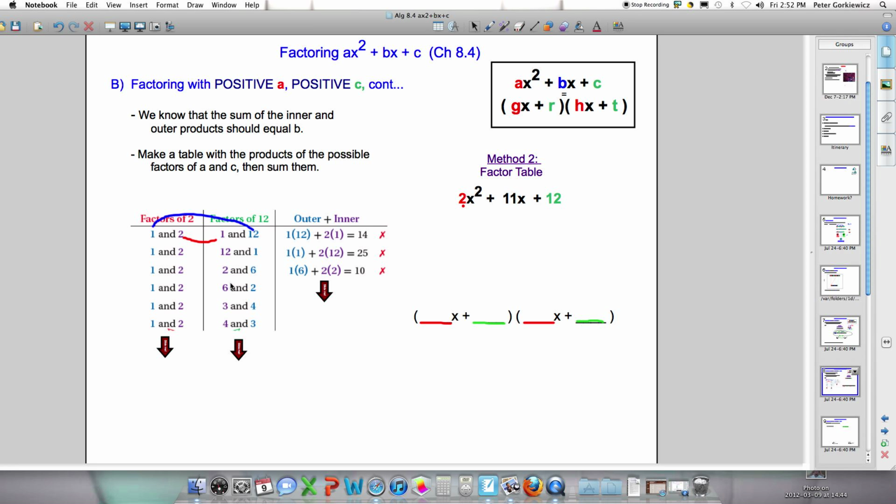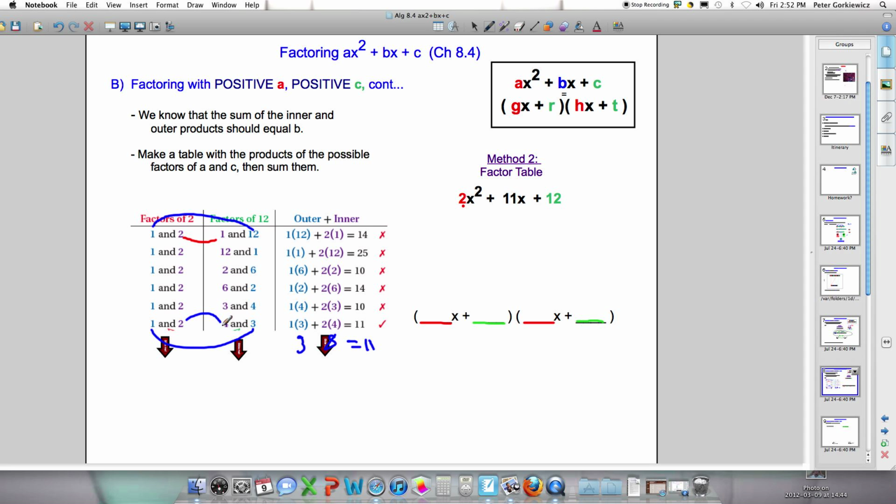And we keep trying it. 1 times 6 is 6. 2 times 2 is 4. Equals 10. We keep trying it. And eventually, we find one where 1 times 3 is 3, and 2 times 4 is 8. And 3 and 8 is 11.